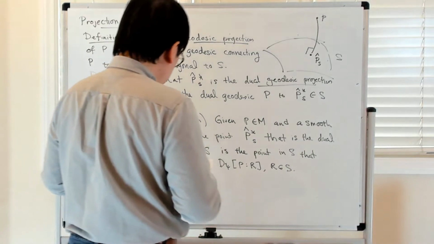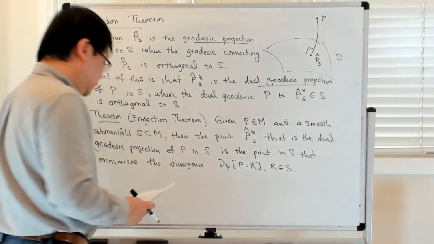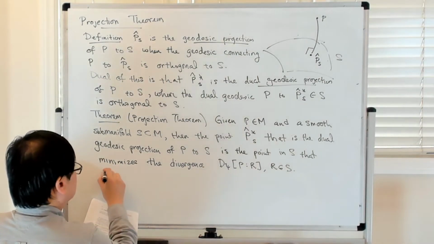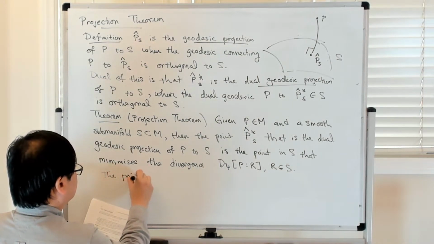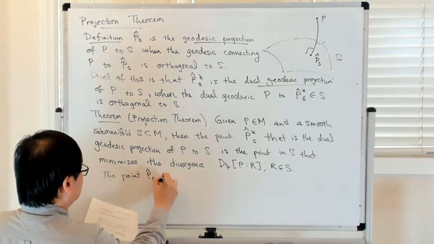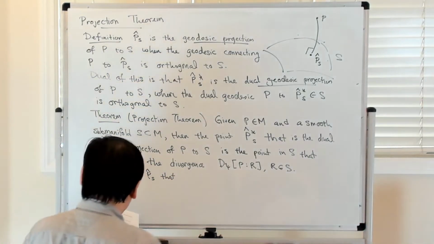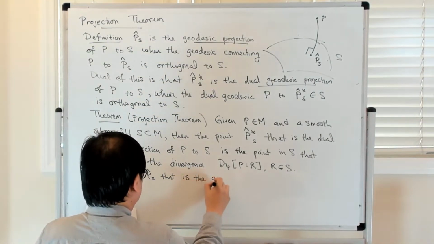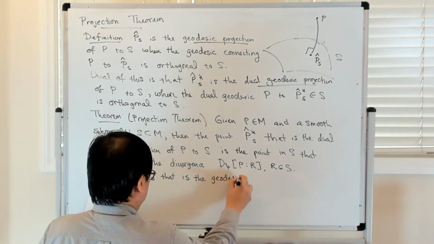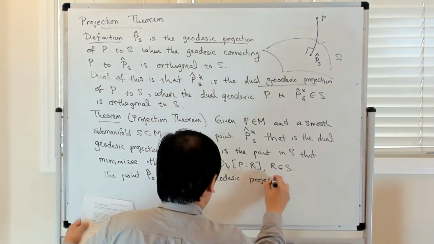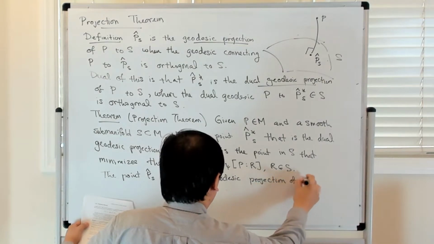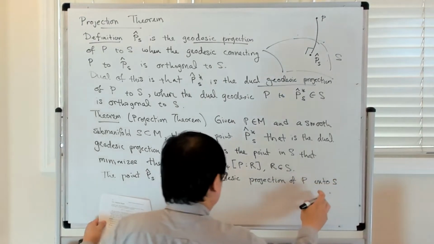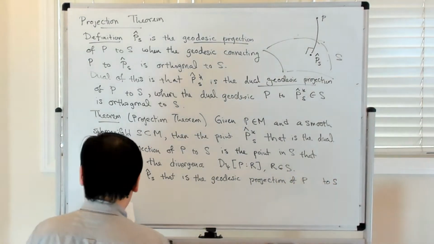And then there's sort of a dual of this, right? So the point P hat S that is the geodesic projection of P onto S, okay, to S, right?